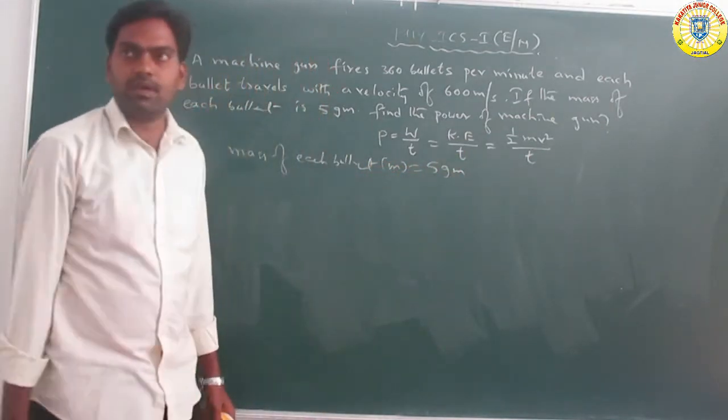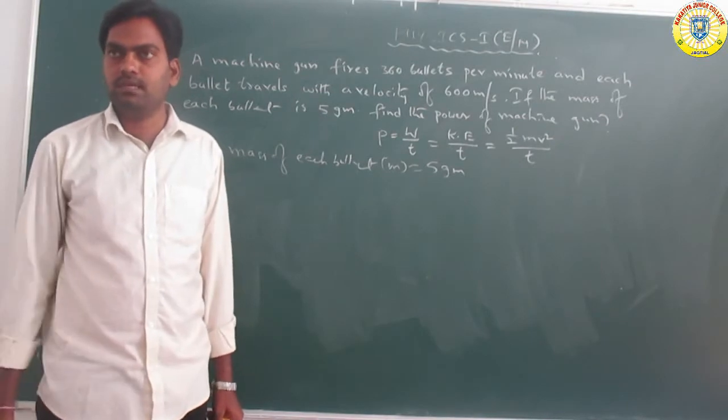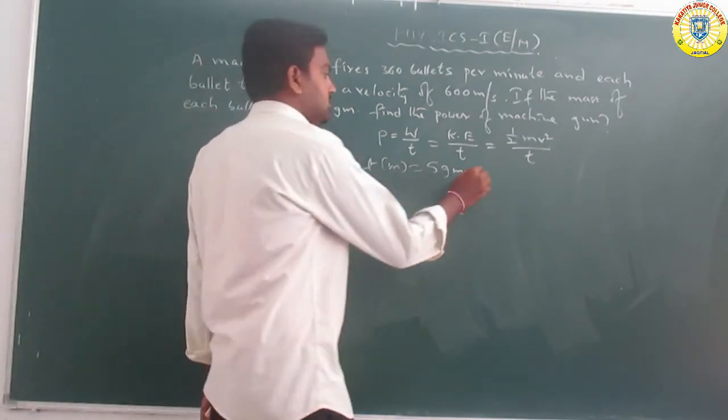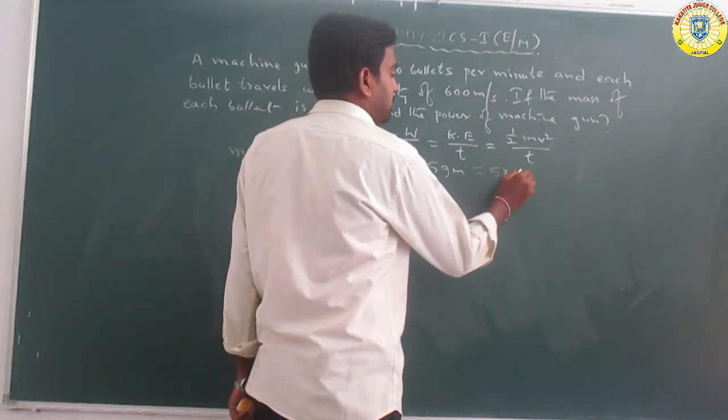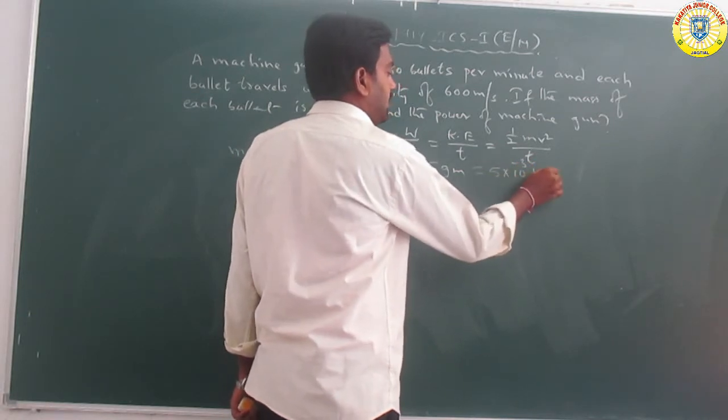The mass is 5 grams, which is converted into kg. 1 kg is equal to 1000 grams, and half a kg is 500 grams. So 5 grams converted to kg is 5 by 1000, which is 5 into 10 to the power of minus 3 kg.